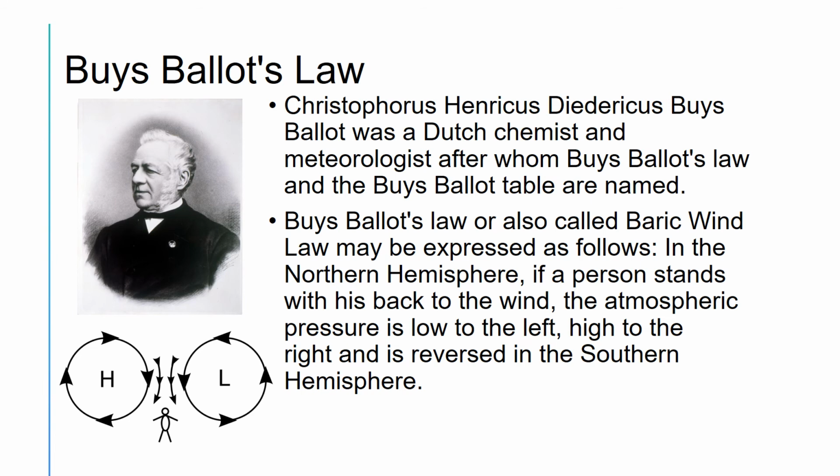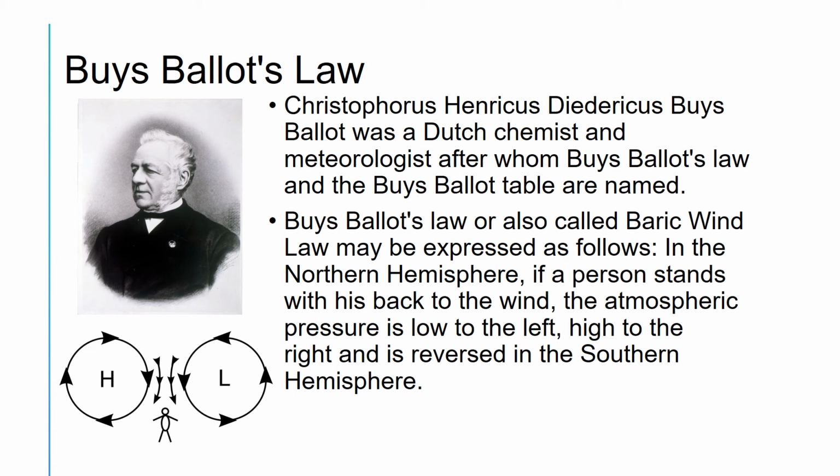So, yun naman ay kabaliktaran sa southern hemisphere. Kapag tinalikuran nyo ang hangin, ang nasa right side nyo ang low pressure area at ang nasa left side nyo ang high pressure area. Yun ay sa southern hemisphere. So, pwede namang hindi nyo talikuran, pwedeng harapin nyo mismo yung hangin.